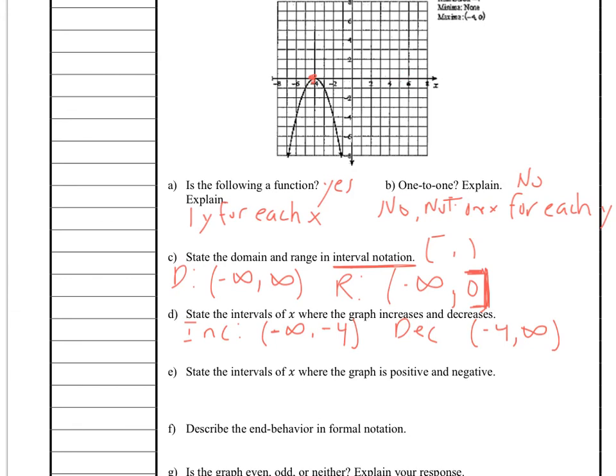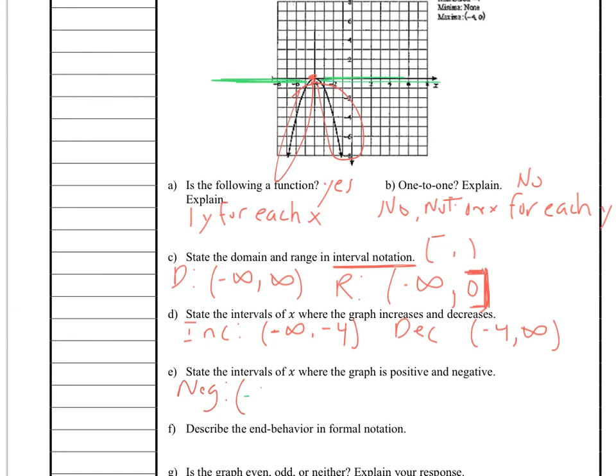So we have to give an interval that represents over here where it's negative and over here where it's negative. It's not positive anywhere, so we can just say negative is the only answer. The first interval is all of the x values over here, and then all of the x values over here.